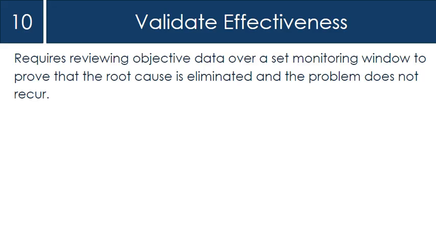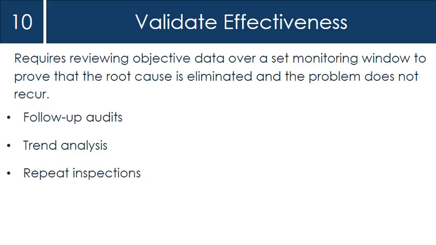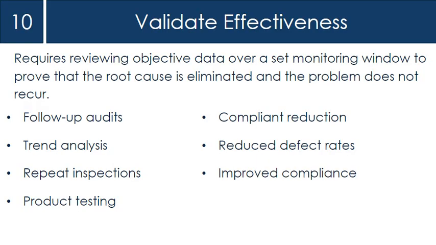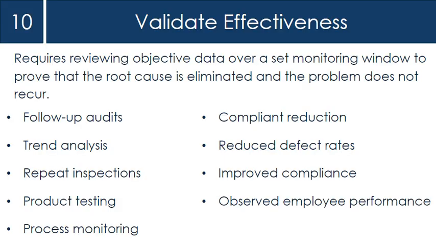Effectiveness can be demonstrated through follow-up audits, trend analysis, repeat inspections, product testing, process monitoring, complaint reduction, reduced defect rates, improved compliance, observation of employee performance, and verification of process controls.